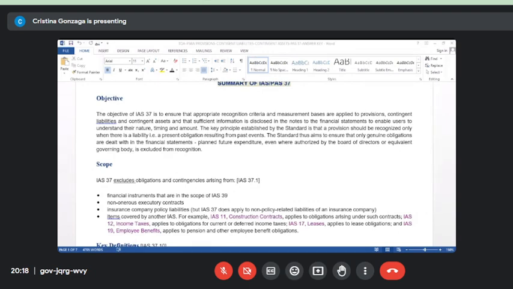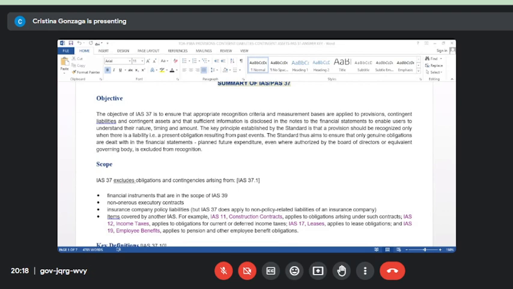And then number 3, the amount of the obligation can be measured reliably. Yung tatlong yon kailangan all-inclusive. When you say all-inclusive, dapat lahat ng mga yon masatisfy in order to record a provision.